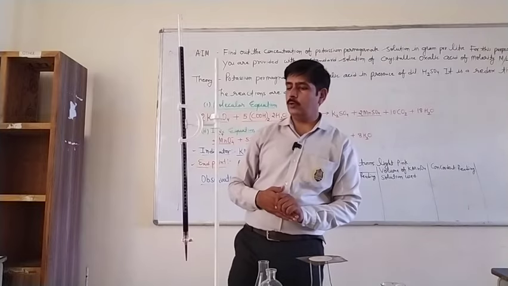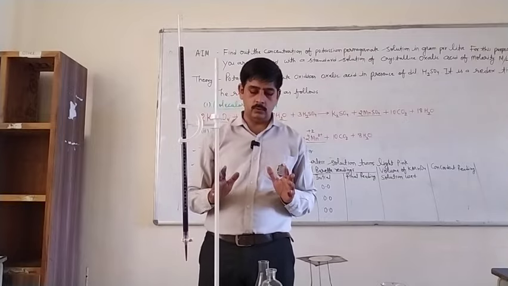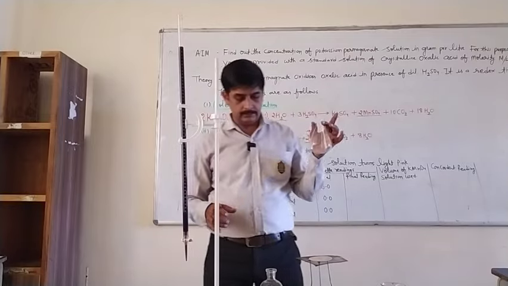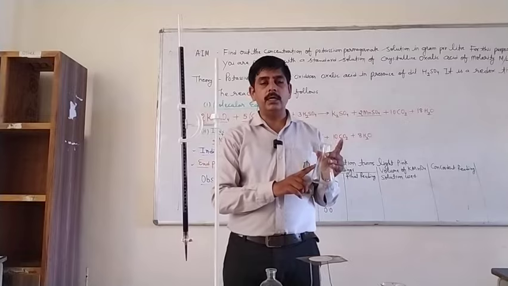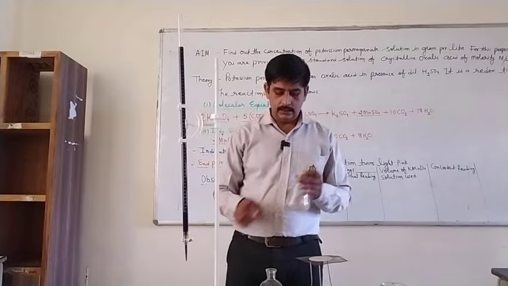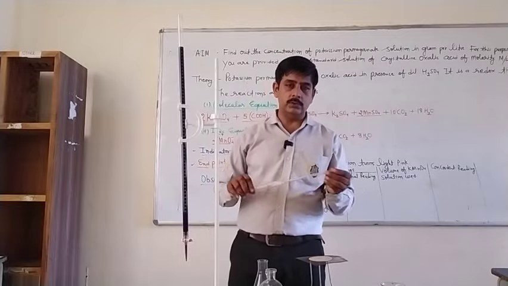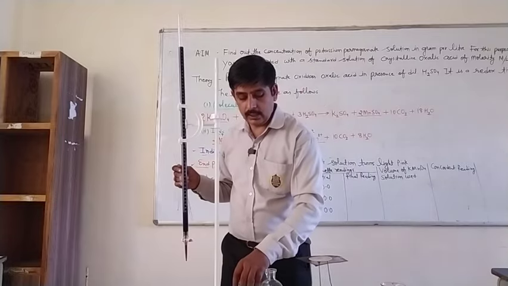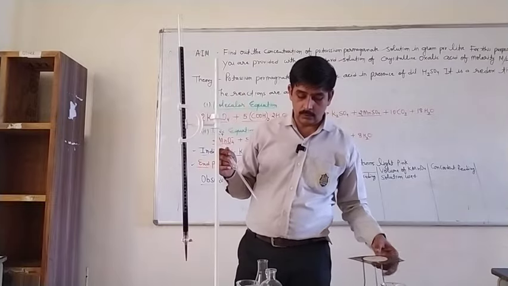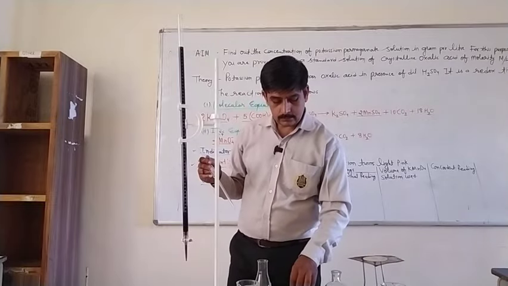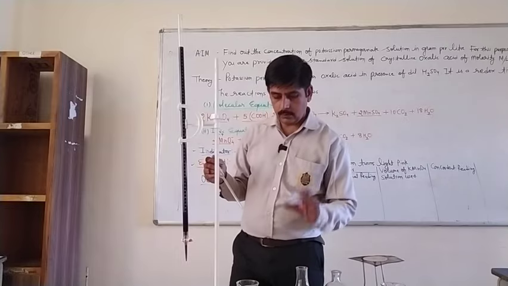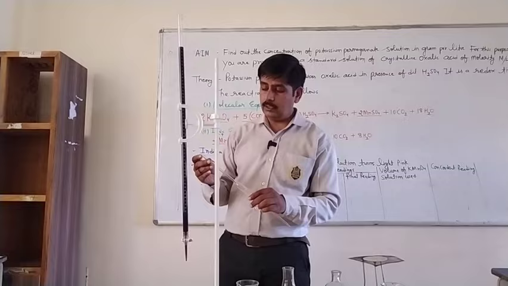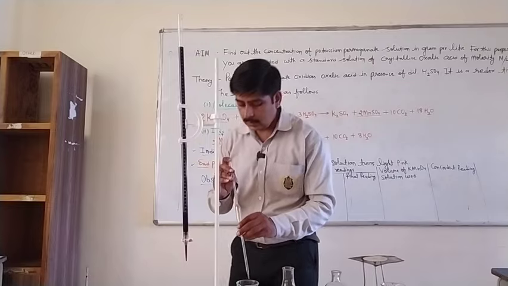Now what you have to do next is fill this conical flask with 20 ml oxalic acid. For this purpose we will use this pipette. As I told you earlier, while you are putting oxalic acid into the conical flask, be careful. You have to suck it up like this.